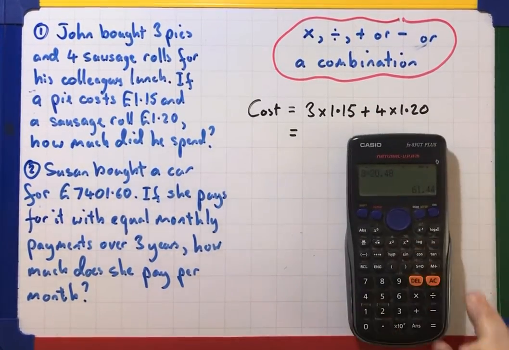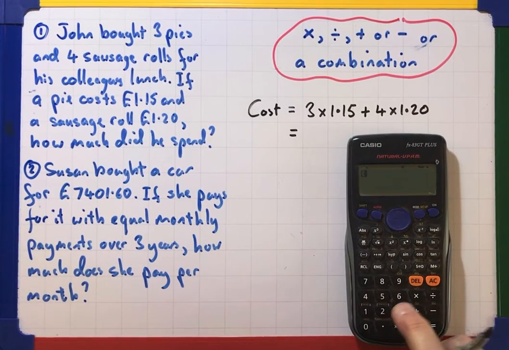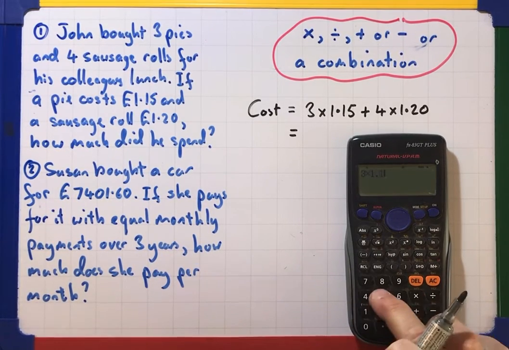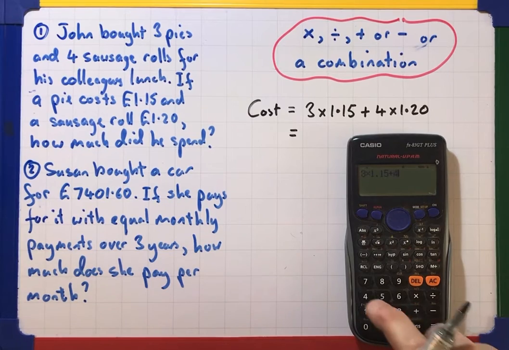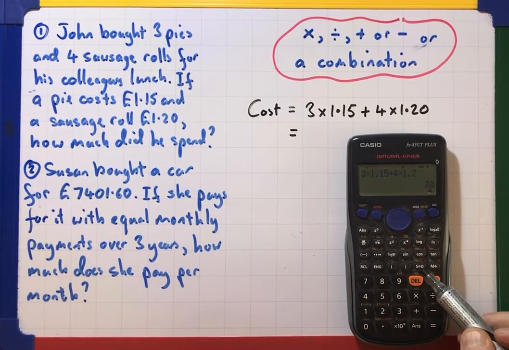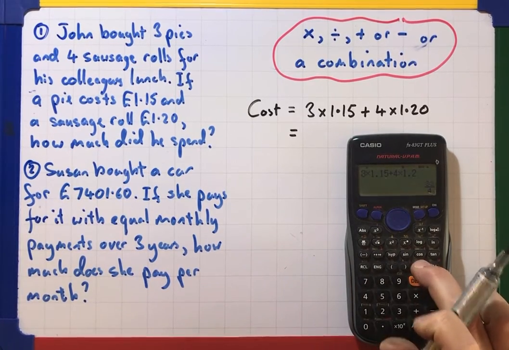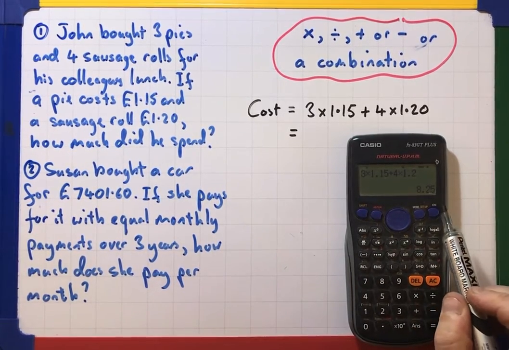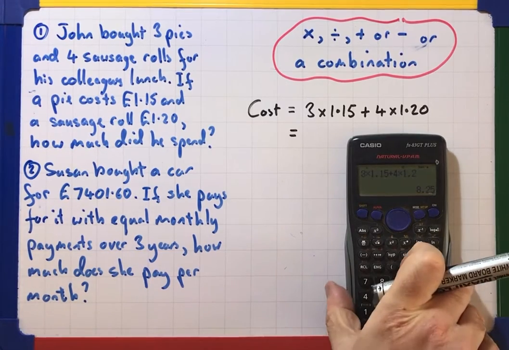Remember I said you can use a calculator. So 3 times 1.15 plus 4 times 1.2 gives us a fraction. Remember, if it gives you a fraction, the S to D button on your calculator will change it back into a decimal. Okay, so we've got £8.25.